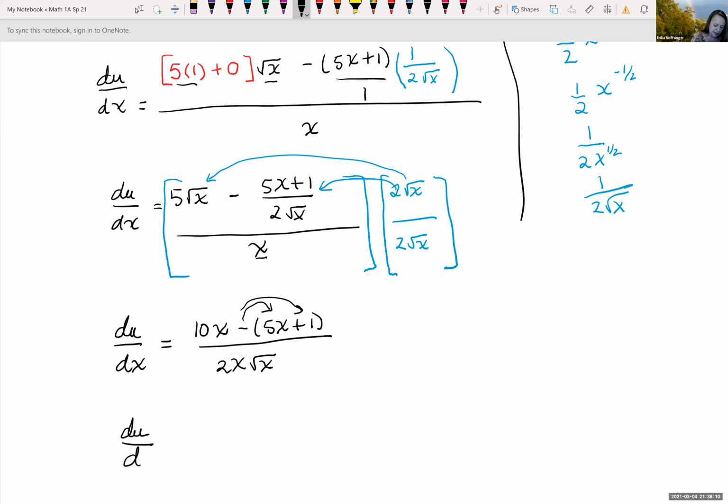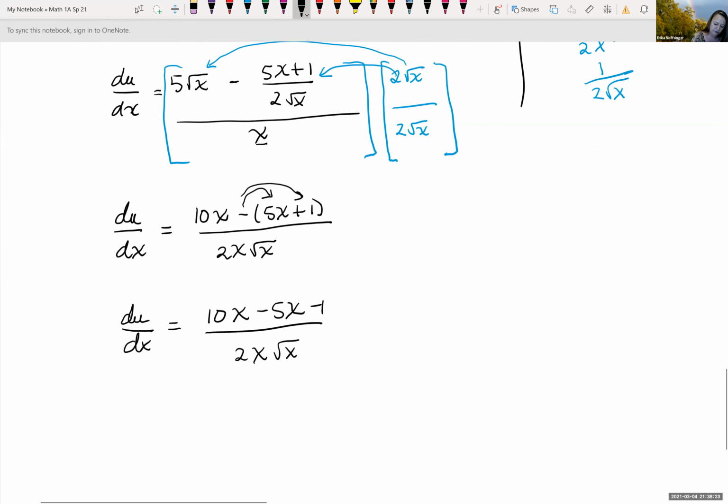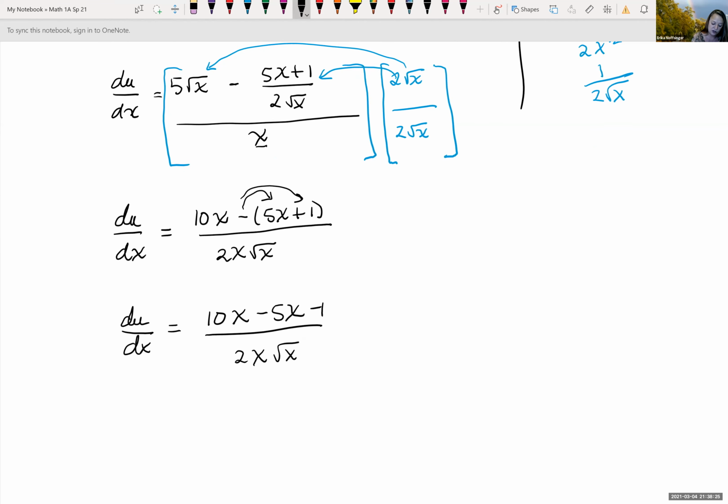So we have du dx is equal to 10x minus 5x minus 1 all over 2x square roots of x. Can combine like terms in our numerator. 10x minus 5x is 5x minus 1 all over 2x square roots of x.